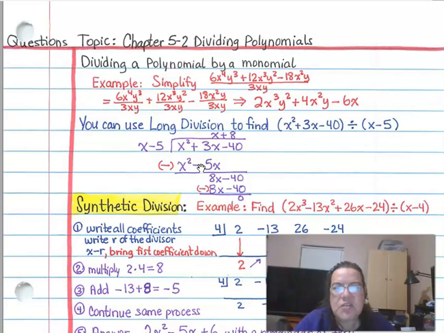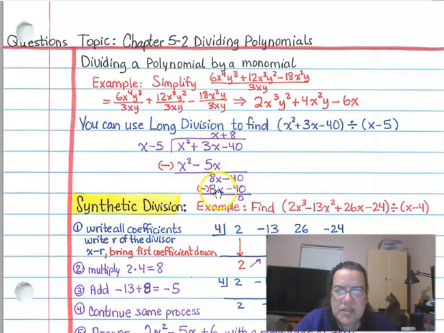So you're going to have to be super careful at this step. In other words, if this was positive x squared minus 5x, they turn opposite because you're supposed to subtract that. So this becomes minus x squared plus 5x. So x squared minus x squared, 0, cancels out. 3x plus 5x, you get 8x. So this will be 8x, and then you bring down the minus 40.